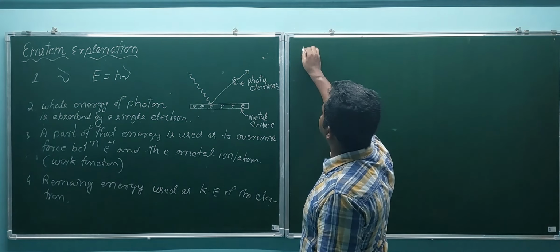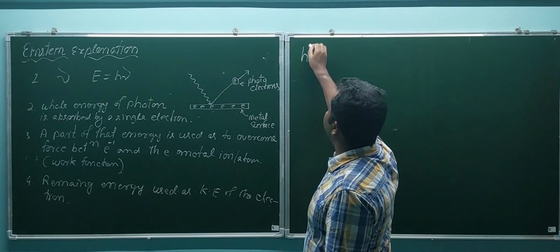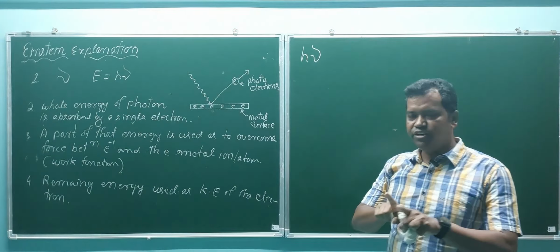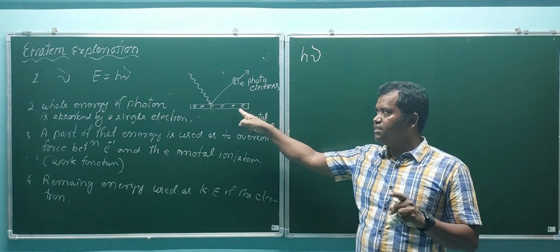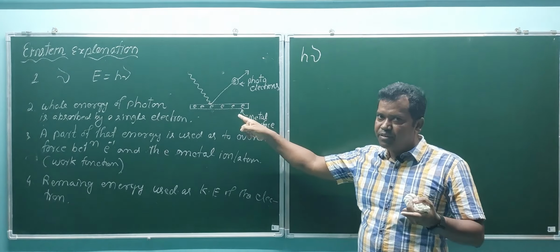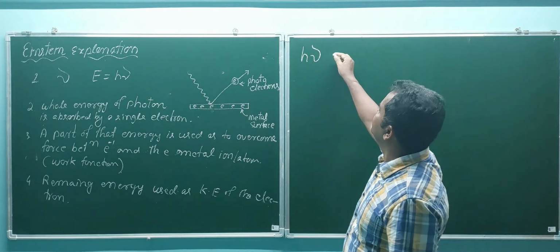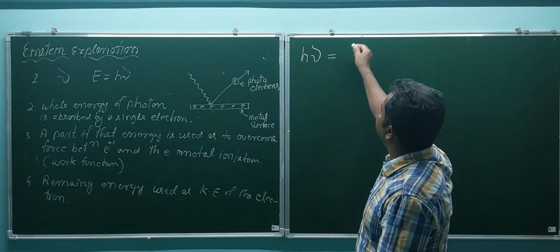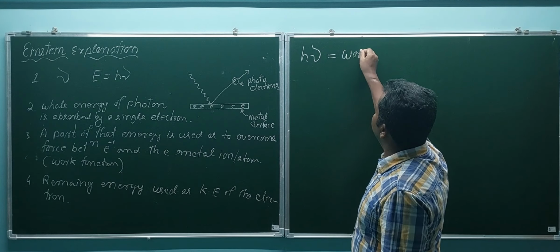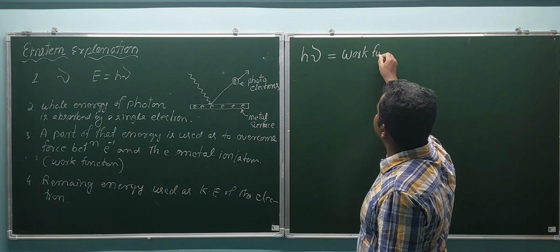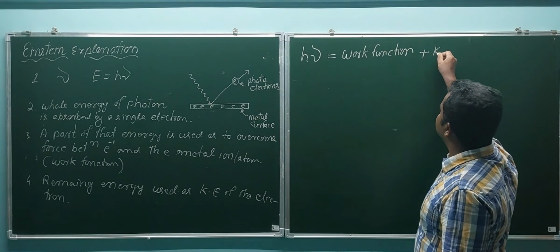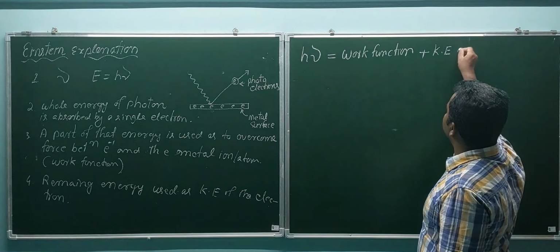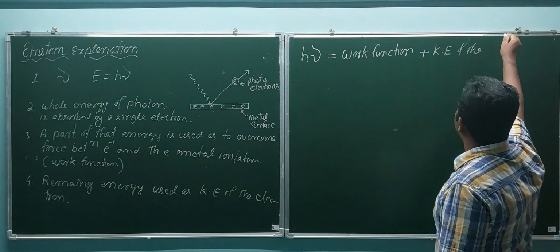So the entire energy of the photon is divided into two parts. One part is to overcome the work function and the other part is the kinetic energy of the photoelectron.